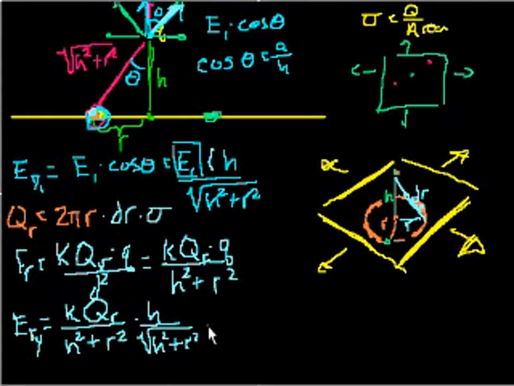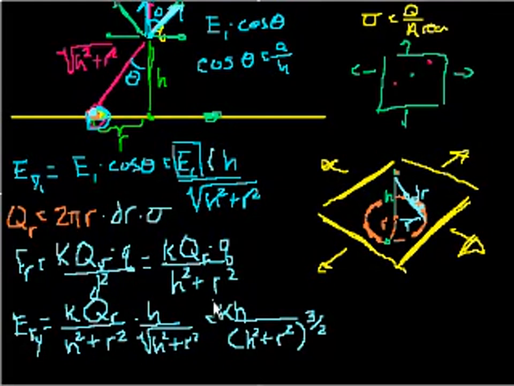And we could simplify this a little bit. The denominator becomes h squared plus r squared to the 3/2 power. And what's the numerator? Let's see, we have kh, and then the charge in the ring, which we solved up here.